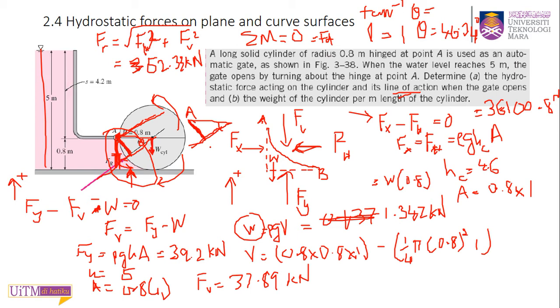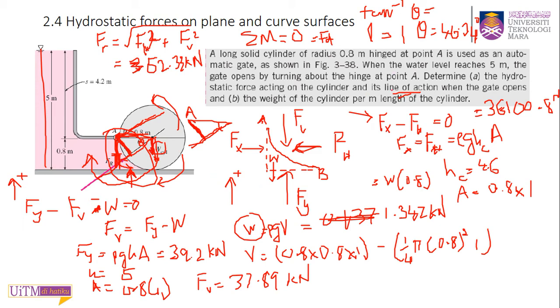Why do we have to find the one there, sir? Because of the moment. One moment is clockwise and one is counterclockwise. For this W, the weight we want to find, the fixed position is the hinge at point A. For this W, the moment is F times D, this is your clockwise moment on that side: W times 0.8.